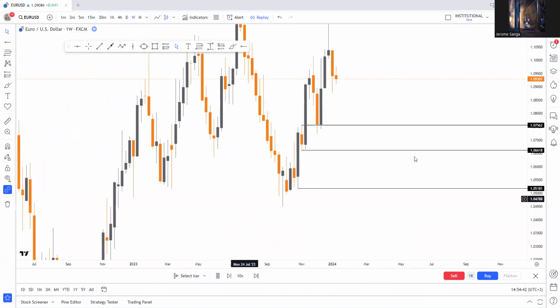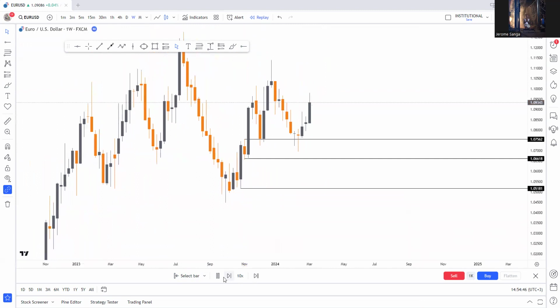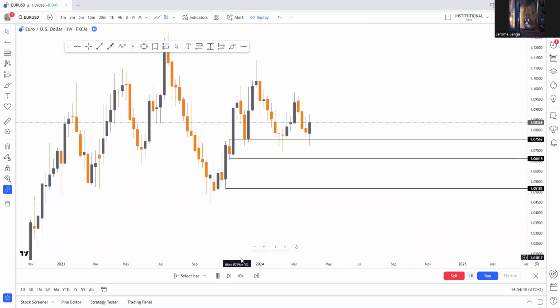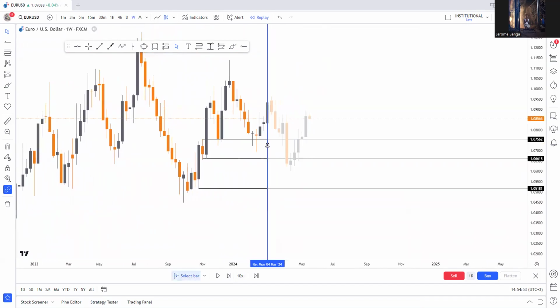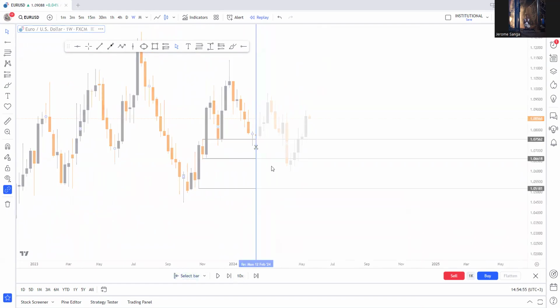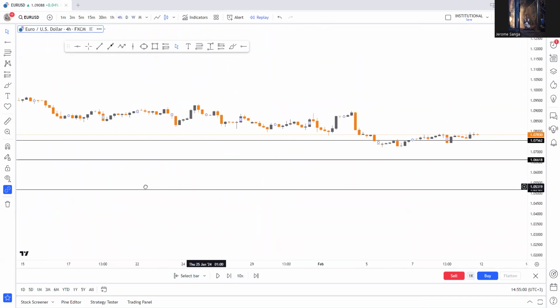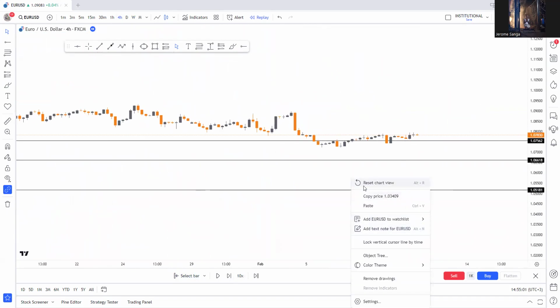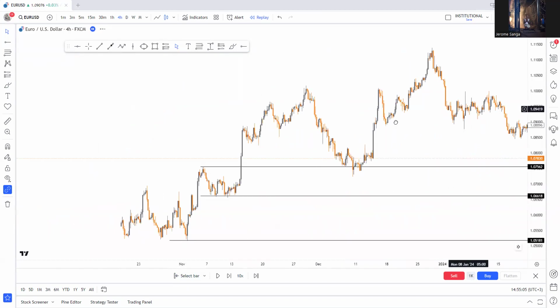So let us check. Price came inside here, the area of liquidity. And we go 4 hours as usual. In our 4 hour, we wait until price, let me check if I marked it correctly.